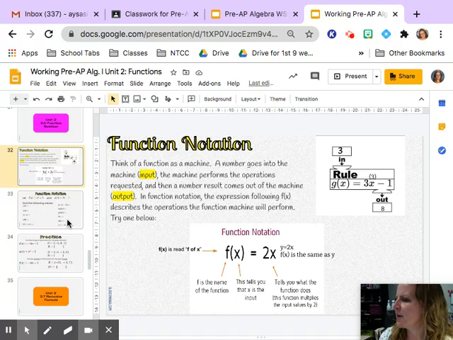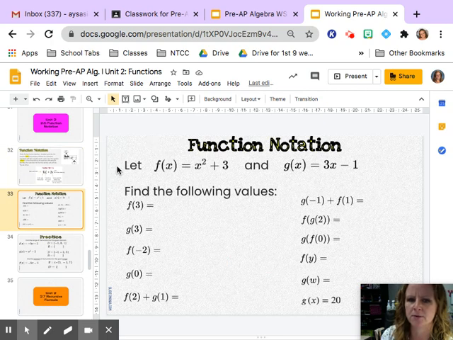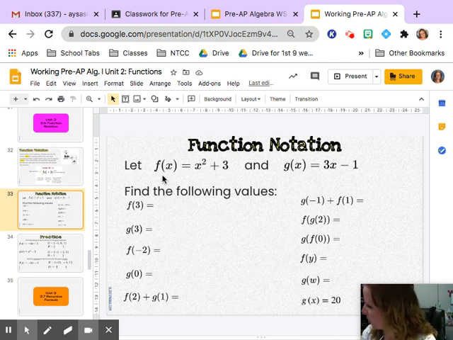Okay, the next page we are going to write on paper, or you can do it by typing it up. It's up to you. Because of the squared, we're probably going to have to write it. So on the next page in your journal, go ahead and write function notation slide 33.